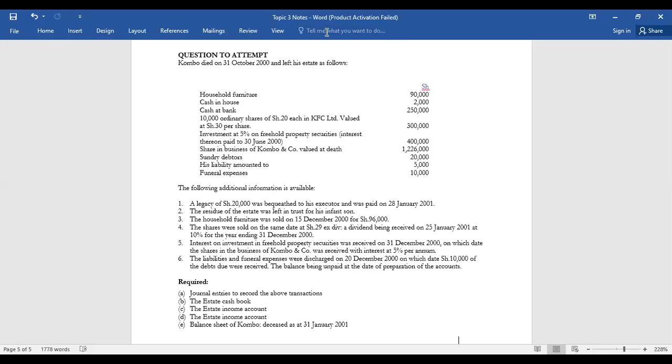For example, there's a will and the executors have apportioned the will, but there's no net value of the estate. How do we find the residue of that estate? Come again. For example, the executors have apportioned the will, but there is no net value of the estate.